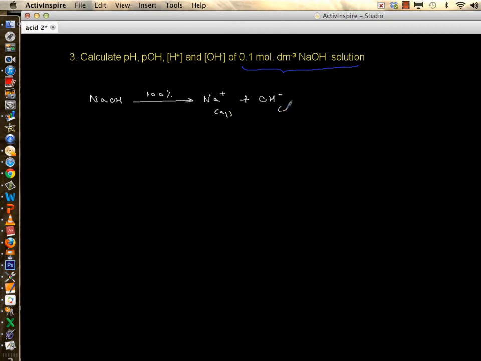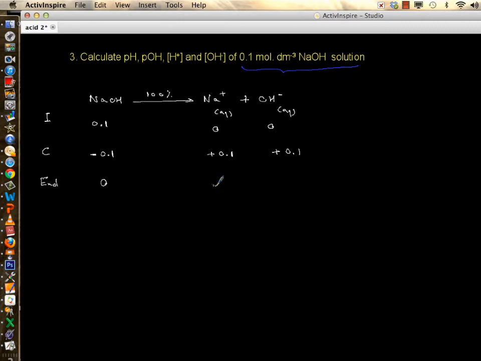Aqueous, aqueous. This could be solid form dumped in moisture and it breaks into fragments. So initially you have 0.1 and you have none of sodium, none of hydroxide. When there is a change, negative 0.1 mole, positive on the product side, plus 0.1. And when there is an end, none of this ionic compound is left.